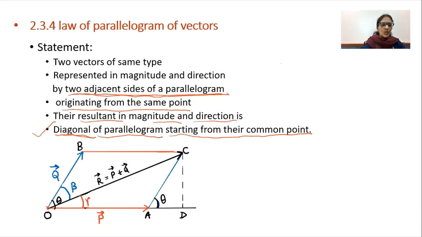So common point is O, so the diagonal which starts from the same point, that is in the diagram it is OC. That OC is R bar resultant. R bar is equal to P bar plus Q bar. So that is about the statement.